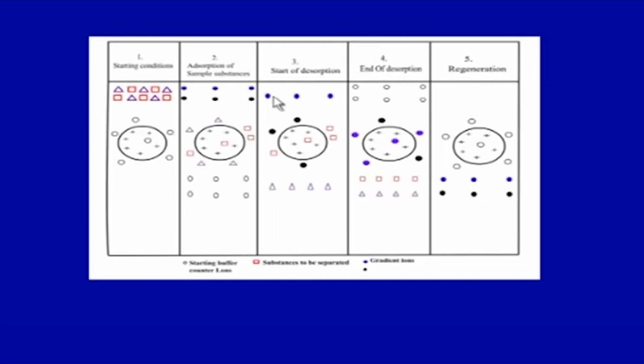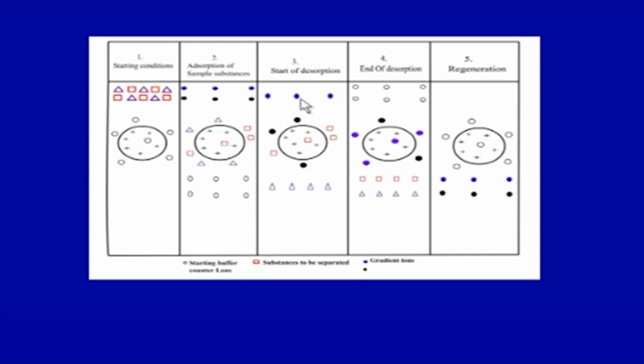So, these are the stages which I also explained in a very simple way that you have to go through when you are performing column chromatography, and this is also shown in the figure here, which is like first stage where counter ions are bound, that is starting, then these molecules which need to be separated are bound to the column, and they will bind as per the charge.